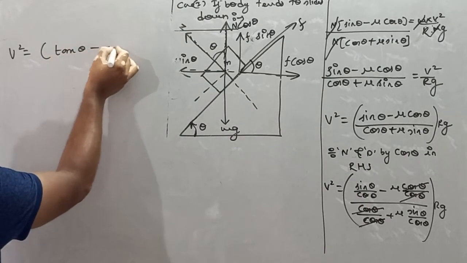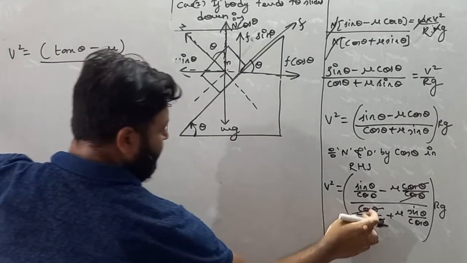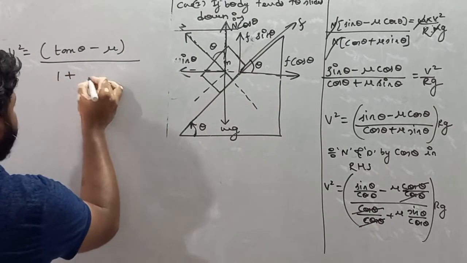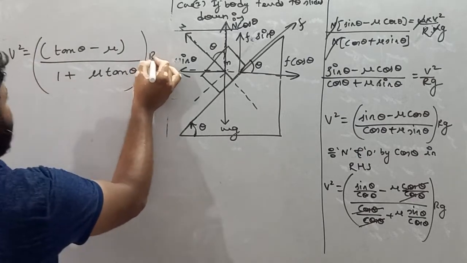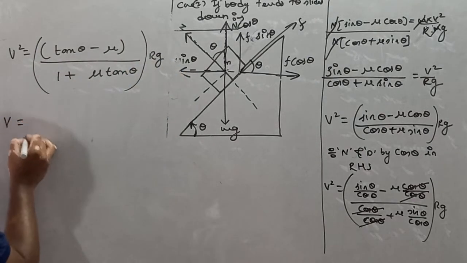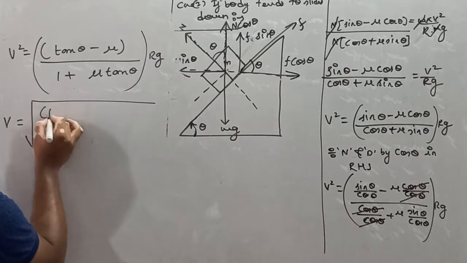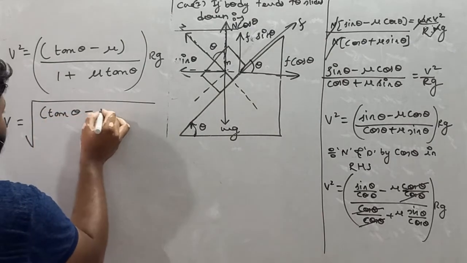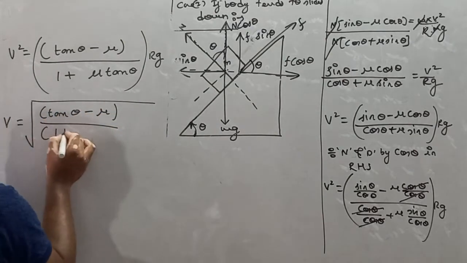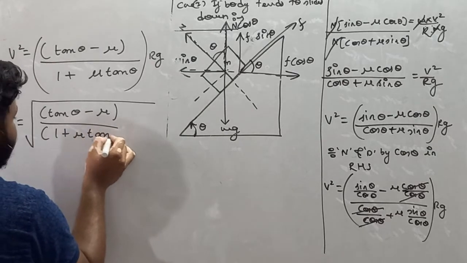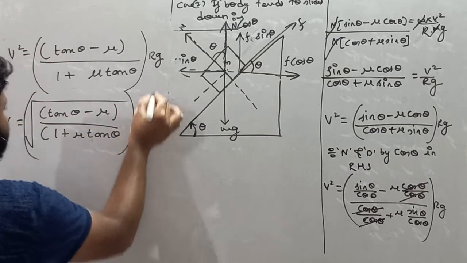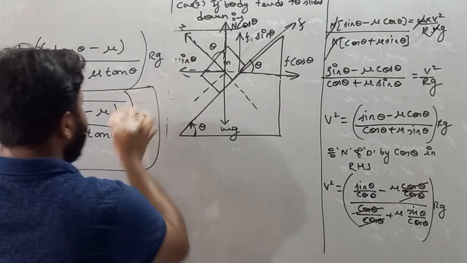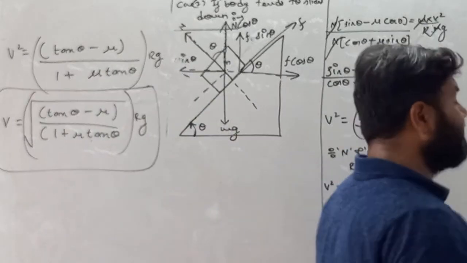So tan theta minus mu upon 1 plus mu sine by cos, again tan, into rg. So v is equal to under root of tan theta minus mu upon 1 plus mu tan theta into, dear student, rg. This is the formula of velocity, minimum velocity.